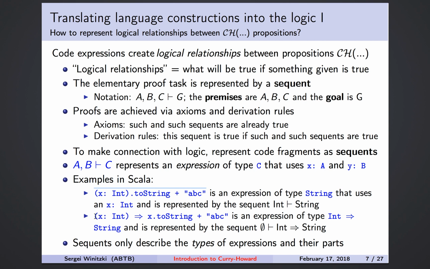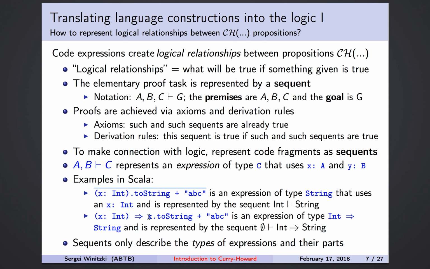Another example is this expression in the Scala syntax. This is a function that takes an argument of integer type and returns this computation, which is a string type. So notice this is the same expression as was here. Now it is used as the body of the function. Now this entire expression doesn't actually use any variables from outside. It has the variable x, which is the argument of the function. So this is a bound variable.